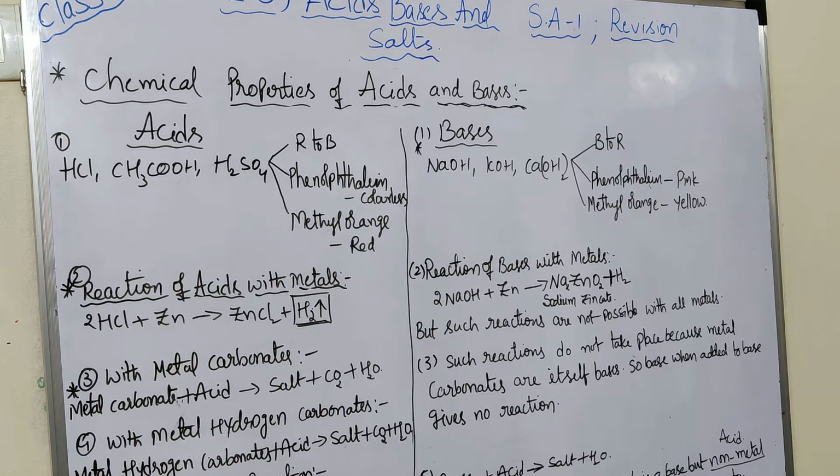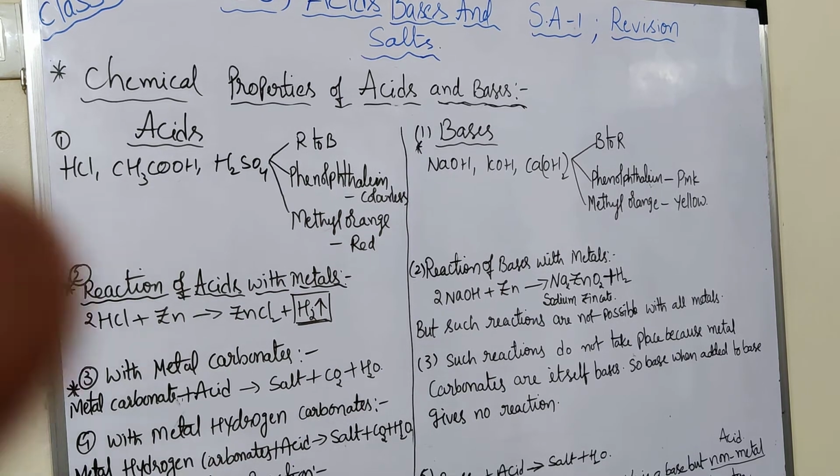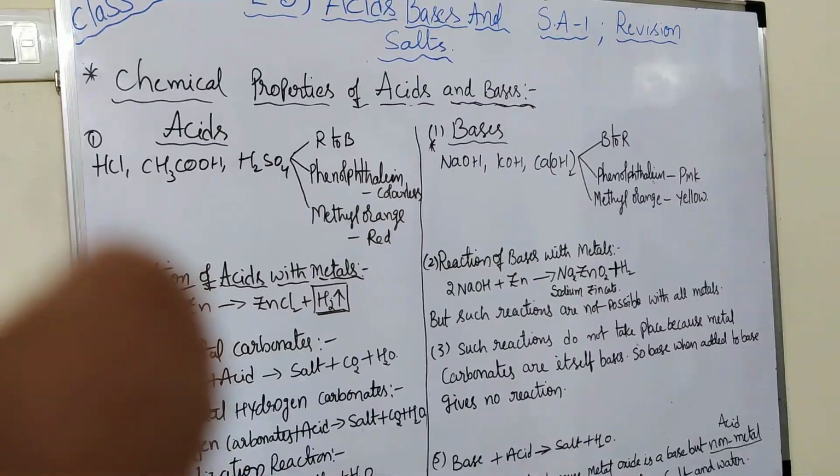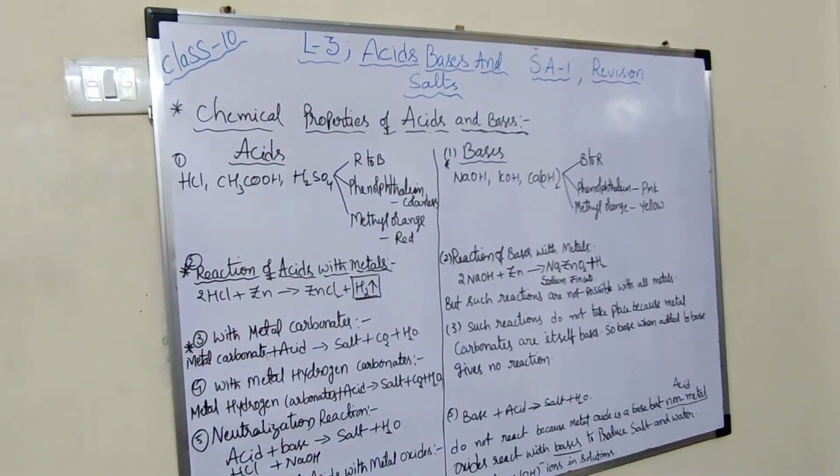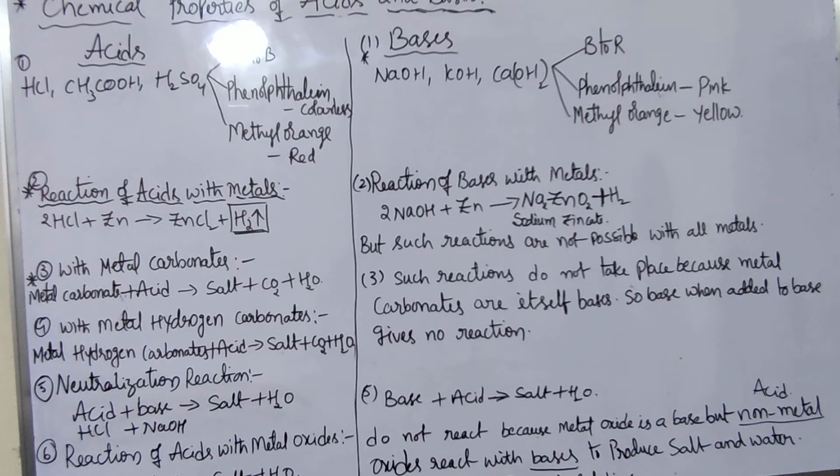Next, coming to activity 3: reaction of acids with metal carbonates. Metal carbonates means, for example, sodium carbonate, Na2CO3.